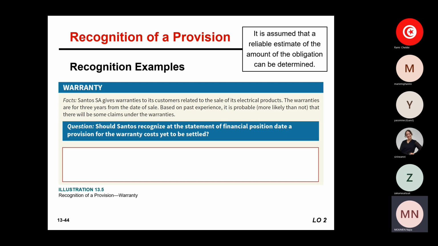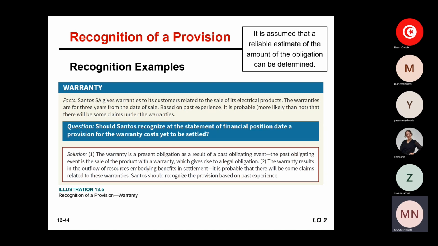So here we should apply the definition of a liability, and in particular the 3 conditions for a provision to be recorded, to this situation. Do we have a present obligation? Yes. The warranty is a present obligation as a result of past obligating events. You used to give warranties to your customers.